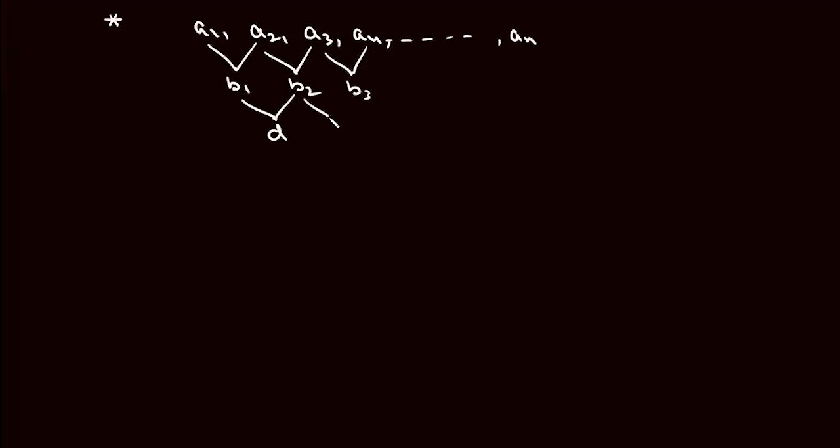B2 minus B1 is D, B3 minus B2 is D. So this first difference becomes an AP. So this series B1, B2, B3 is an AP. Now we know that if the sequence is an AP, then the terms are linear. But if the first differences are an AP, or the difference of difference is constant, then the terms are quadratic.